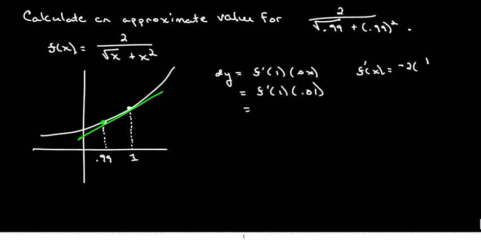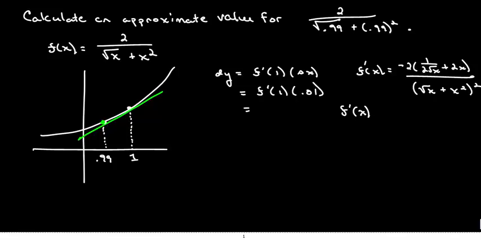So that's going to be 1 over 2 square roots of x plus 2x over the denominator squared. Like that.